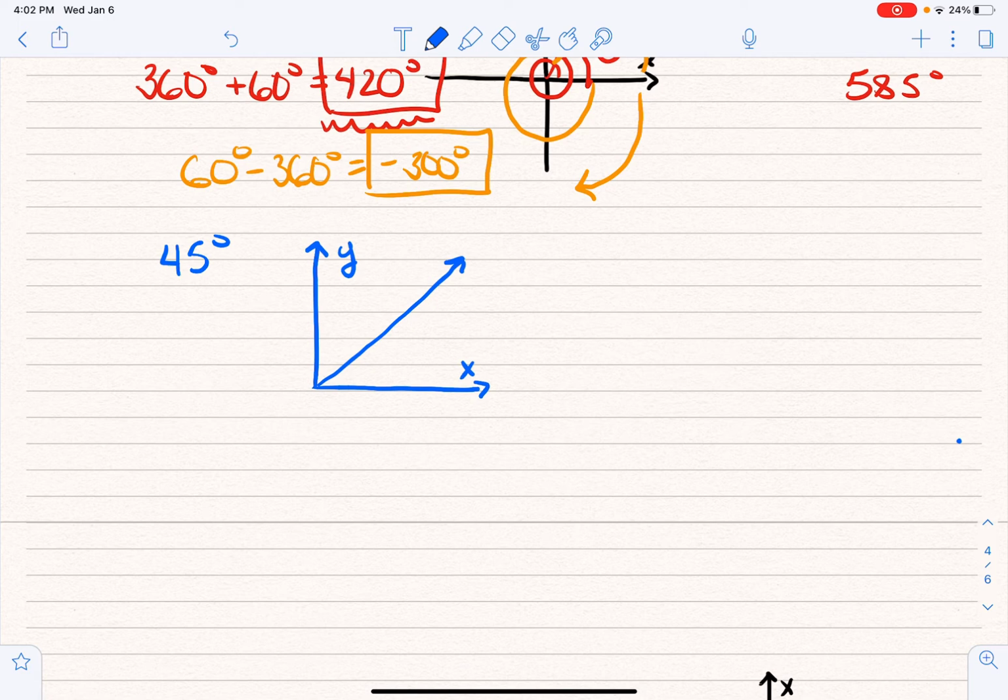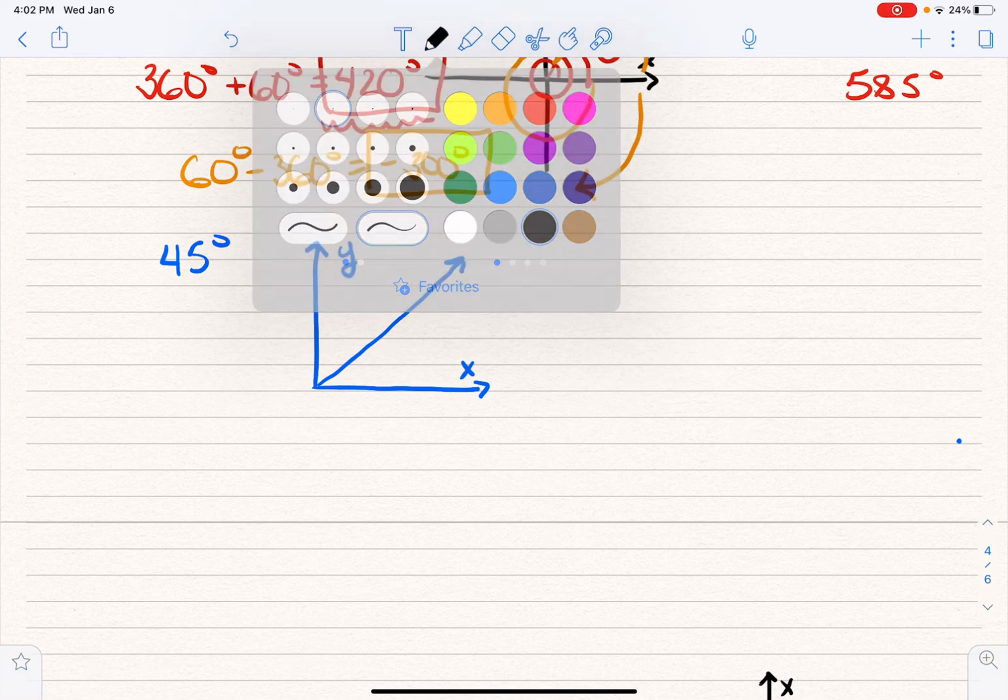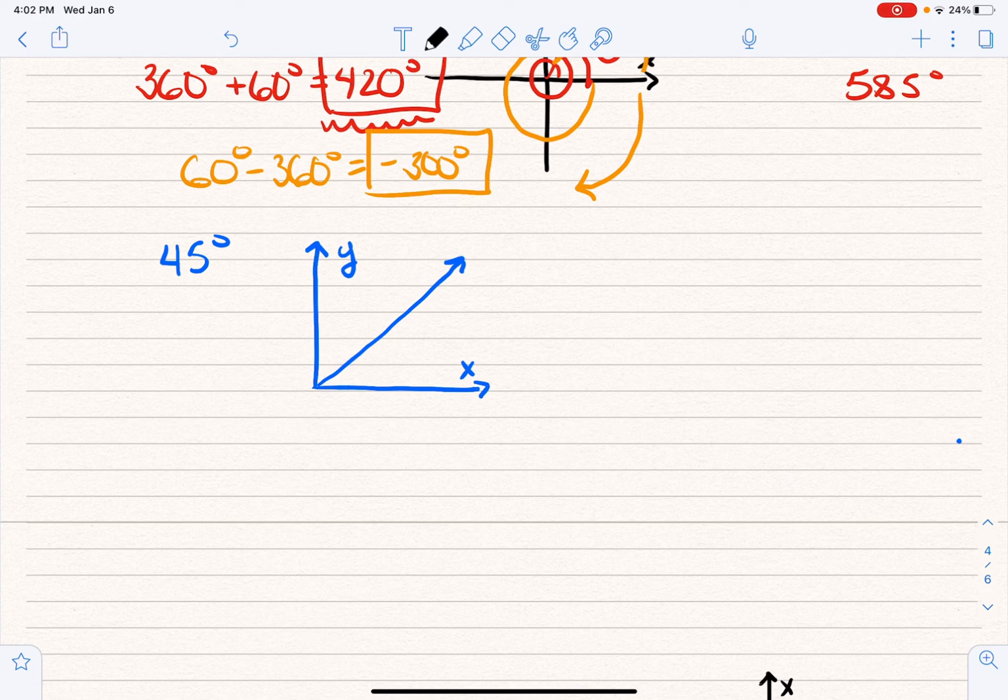And so when you're thinking about a 45-degree angle or any points on a 45-degree angle, it's really easy to think about that because you could think about a series of points on the 45-degree angle. This point right here could be the point 1, 1. This point right here could be 2, 2. This one right here could be 3, 3, or 4, 4.